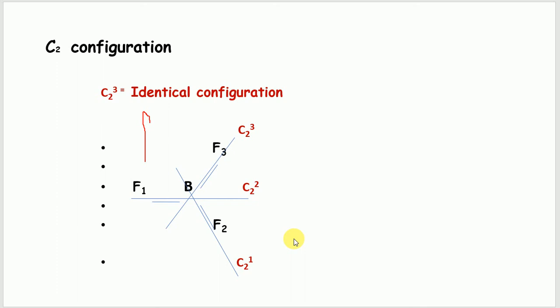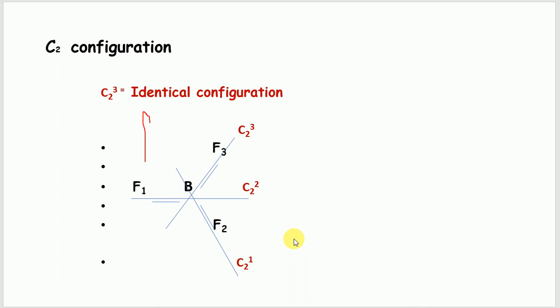Therefore, we will say that the C6 axis coincides with the C3 axis, and C6 and C3 in the benzene molecule are identity operations.